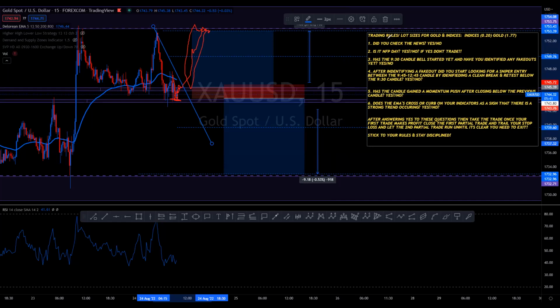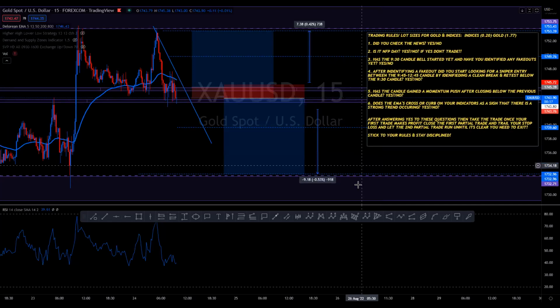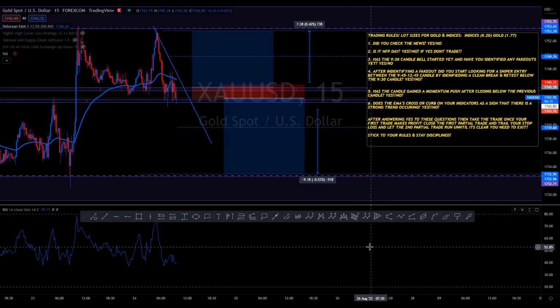So that's fine, but I'm going to stick to my bias and say that price is overall bearish, but possibly it could be turning bullish if it comes up above here. So we've got over 5 minutes until the next candle. We've got 20 seconds left to see what the next candle is going to do.